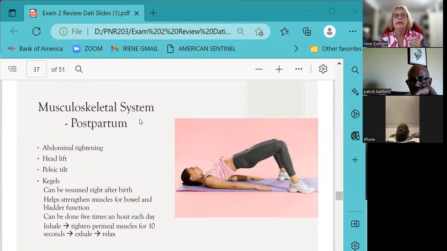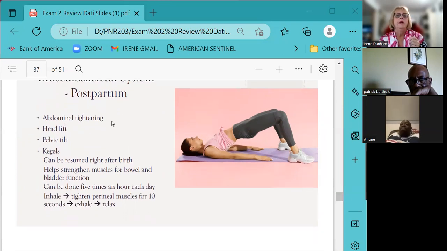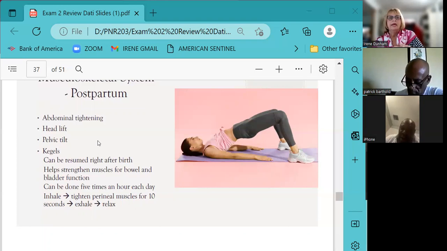Okay, musculoskeletal system postpartum. You want some abdominal tightening, head tilt, pelvic tilt. Now, this is the big one. Write this down. It's called Kegels. Kegels can be resumed right after birth. Why do we do it? It helps strengthen muscles for bowel and bladder function.